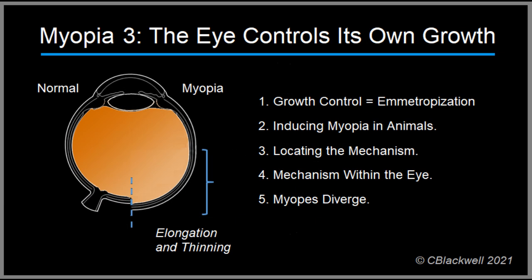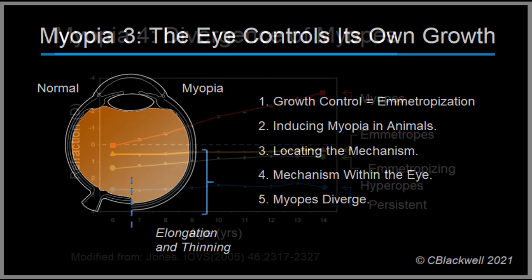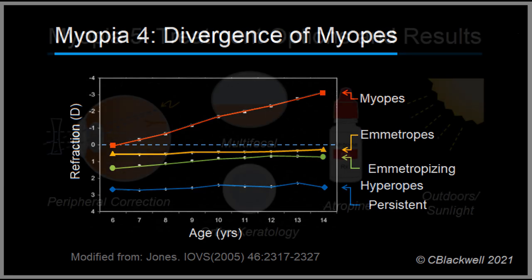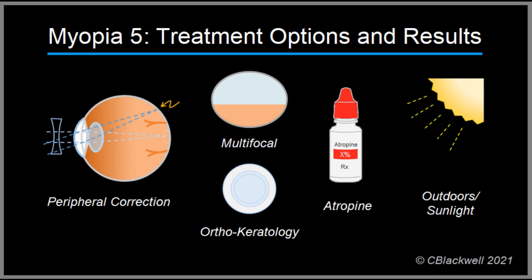Video 3 takes us into experimental investigations into how the eye is able to control its own growth, usually. Video 4 explores the divergence of myopes and possible causes. Last, video number 5 explores the variety of treatment options available and how successful they are in trials and in practice.